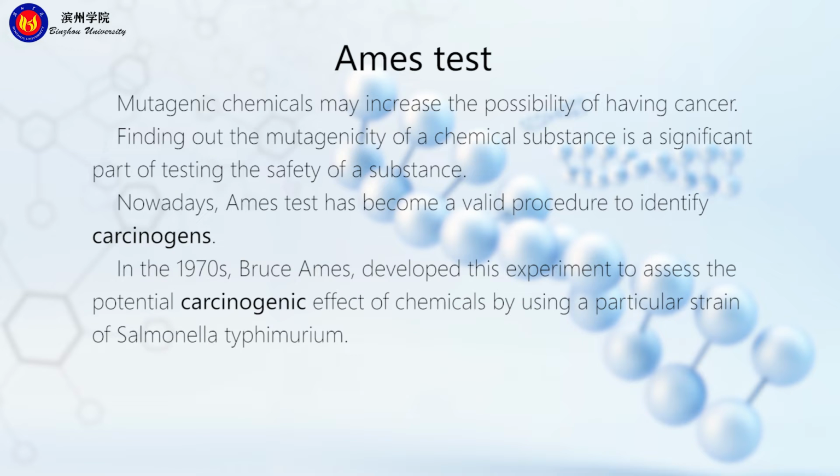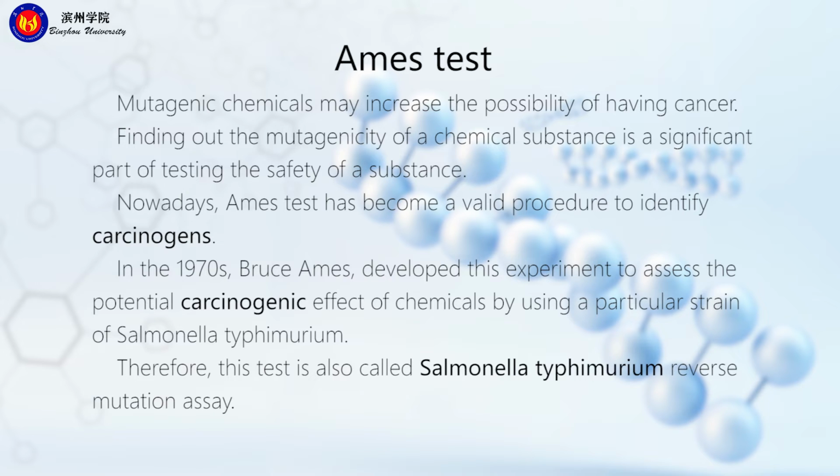In the 1970s, Bruce Ames developed this experiment to assess the potential carcinogenic effect of chemicals by using a particular strain of Salmonella typhimurium. Therefore, this test is also called the Salmonella typhimurium reverse mutation assay.